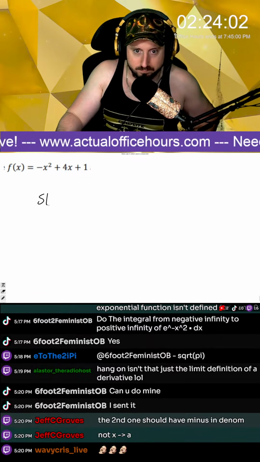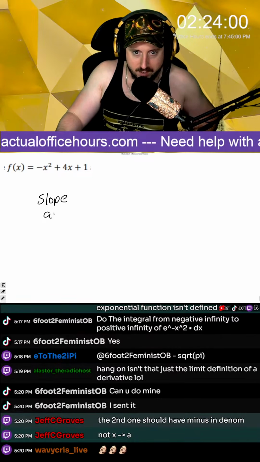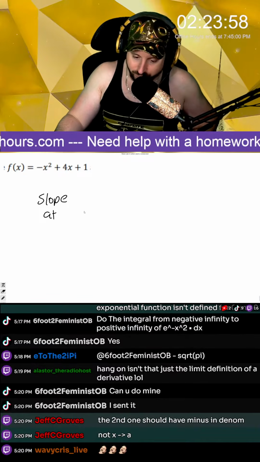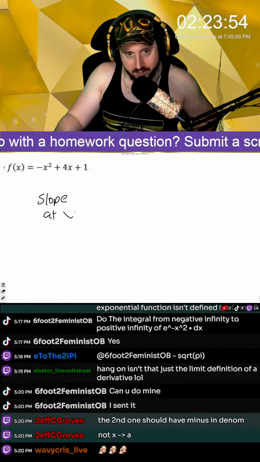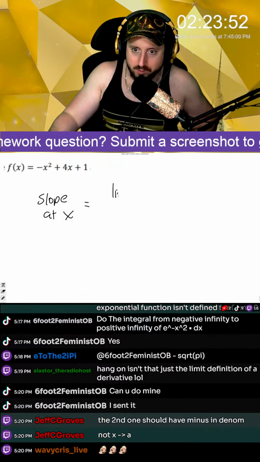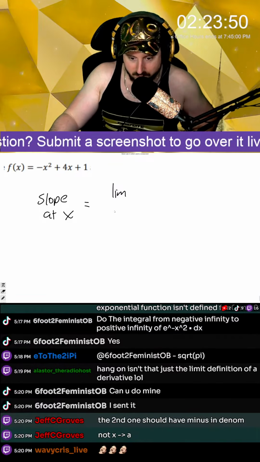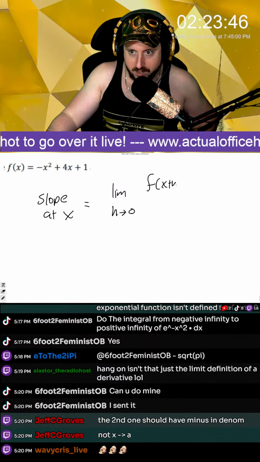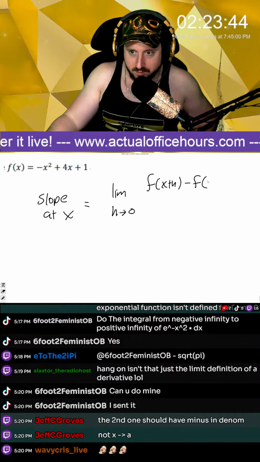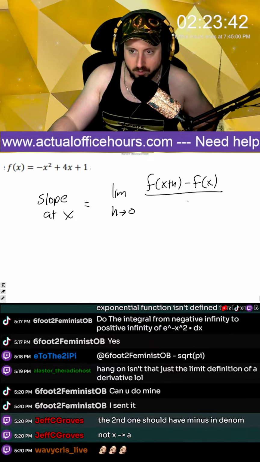Slope. And we could say like at x, let's just say at x, okay. That's equal to the limit as h approaches 0 of f of x plus h minus f of x all over h.